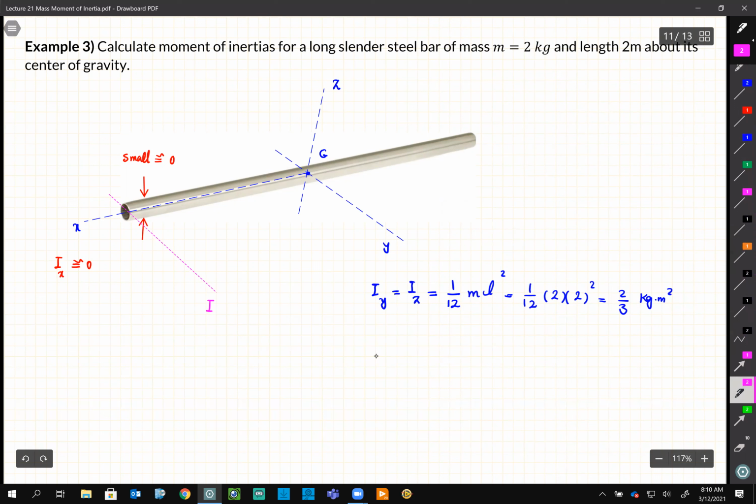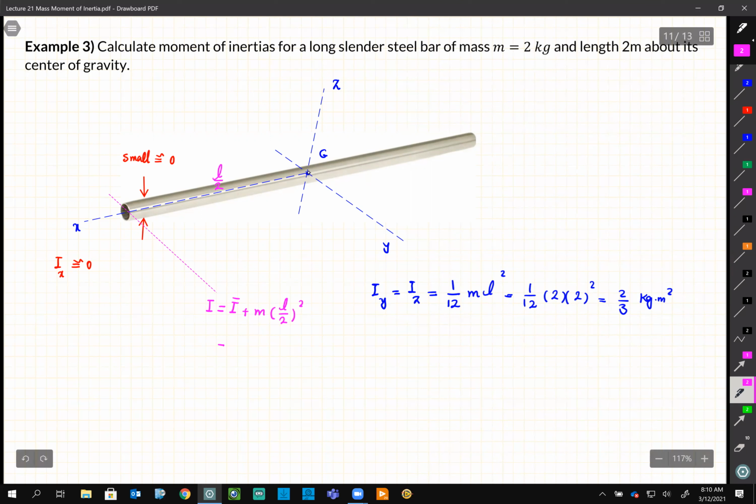Of course we have the table, but let's say we just know the value for the center of gravity. We use the transfer axis theorem, the parallel axis theorem. So I about this axis is equal to I bar plus mass times the distance, which in this case is L/2, squared.